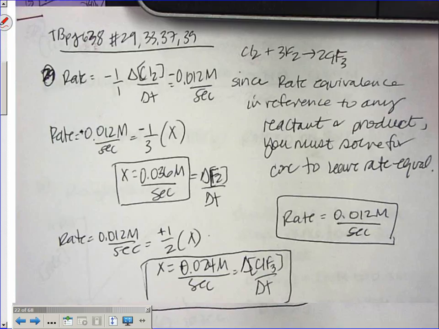So -1, the negative is there just because it's consumed. The 3 is on the bottom because of the fluorine. The X is our fluorine's change in concentration in time. So when you solve for X, you get 0.012 times 3. So it's consumed 3 times as fast, which in this case is 0.036 molar per second.